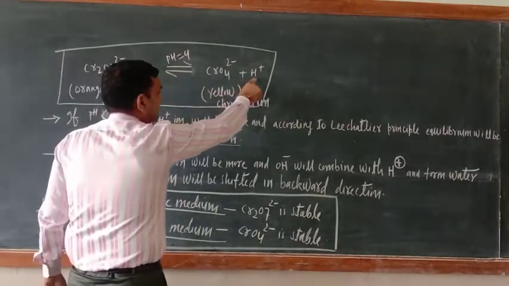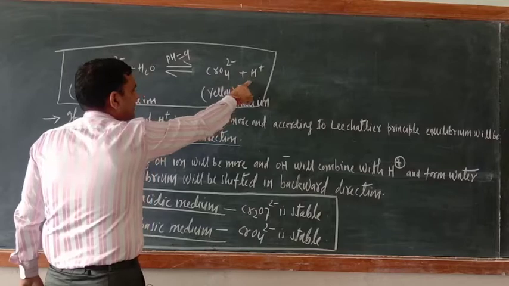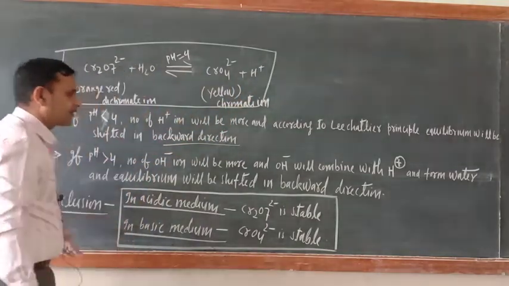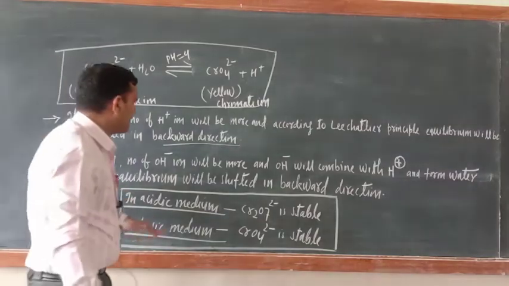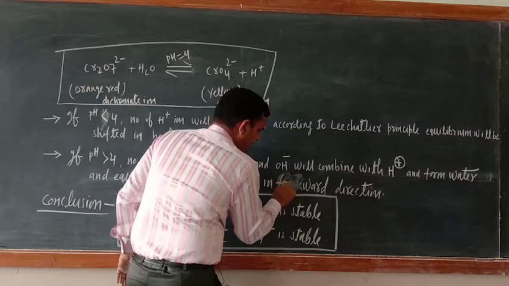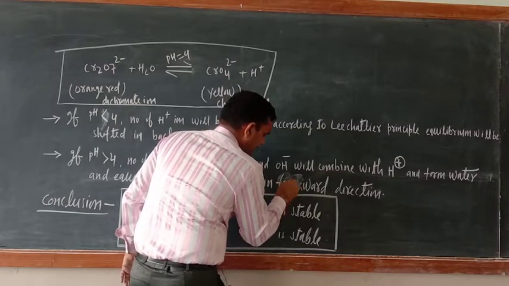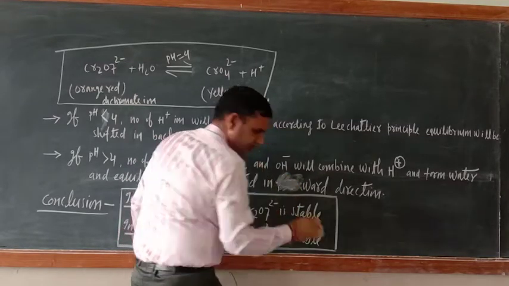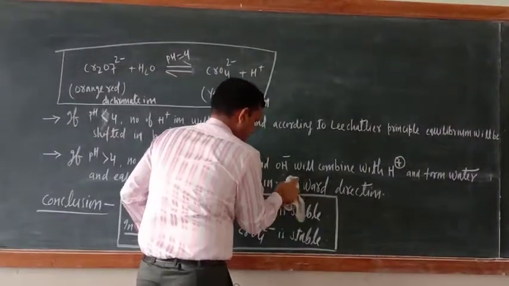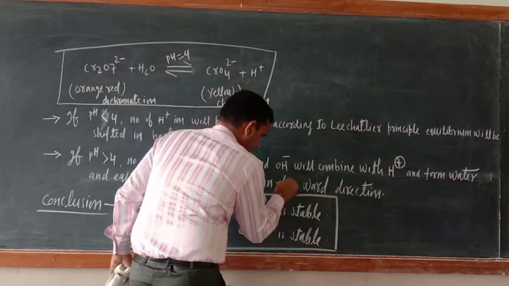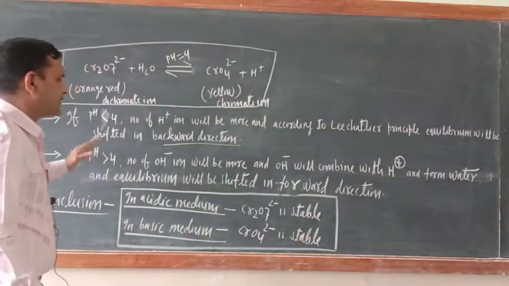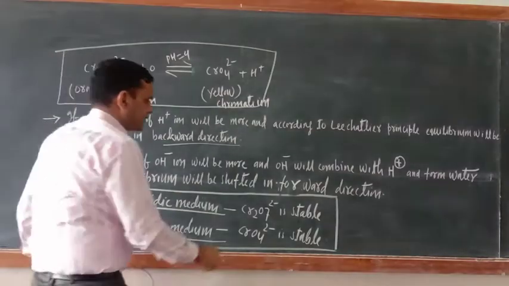So the concentration of H positive ion will decrease, and the equilibrium will shift in the forward direction. Here I wrote backward, but it is the forward direction.